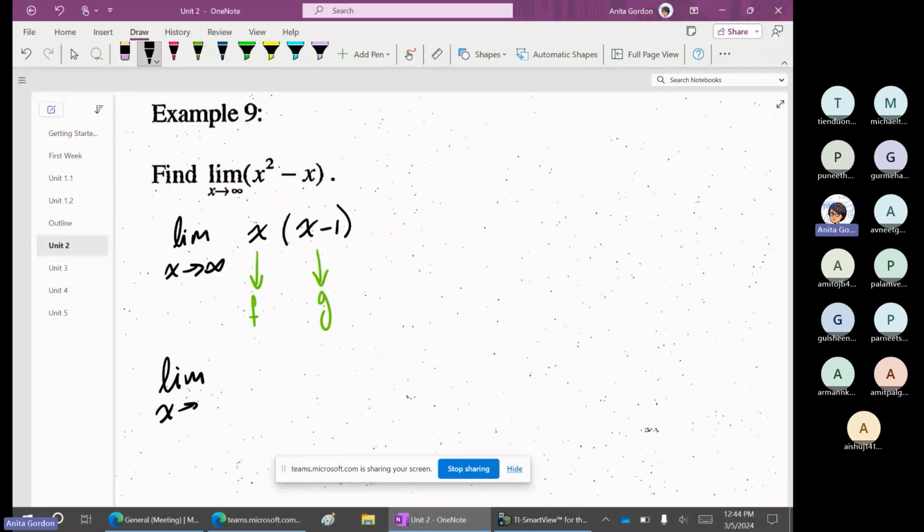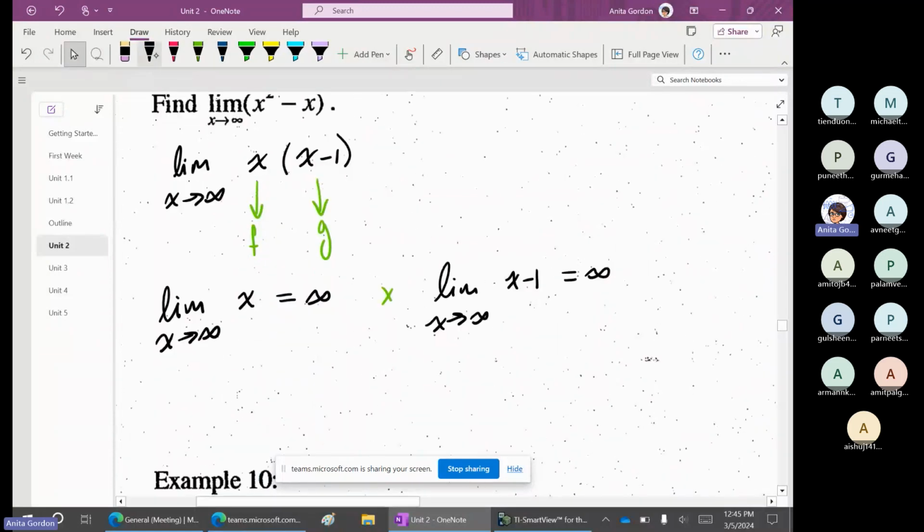The limit as x goes off into infinity, if the function is x, what's my limit? If the limit as x goes off to infinity of x minus 1, still infinity. So when I multiply them together, they're just going to blow up, right? So this tells me that the limit in general is infinity.